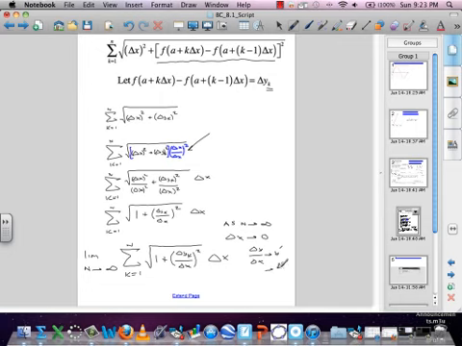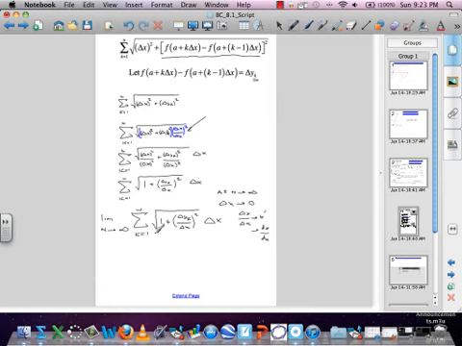In other words, the slope of the secant line, when you make those 2 points very close together, becomes the slope of the tangent line. And we've seen how a Riemann sum, when you take its limit at infinity, becomes an integral. And so this is now the formula for the length of a curve.